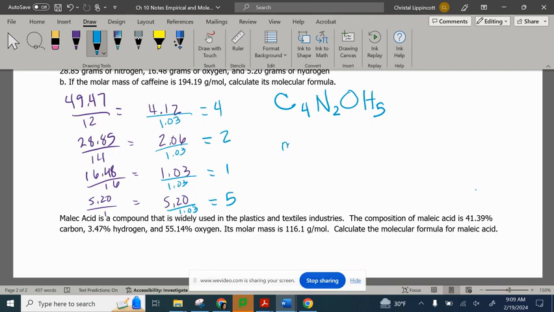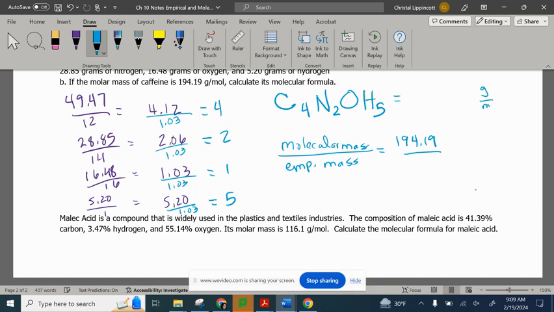Then we're going to take the molecular mass divided by the empirical mass, and that is going to become our new subscripts. We're going to multiply these by that value. My molecular mass they gave up here as 194.19. We've got to figure out the mass of this empirical formula, so how many grams per mole this is.